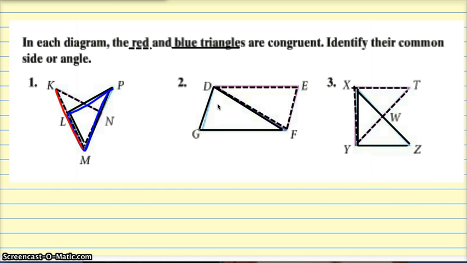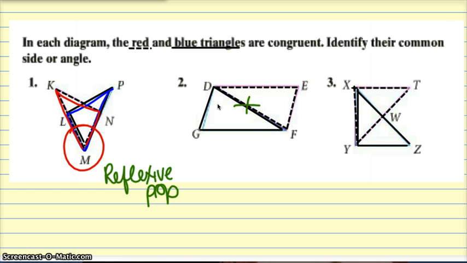What do they have in common? They actually have angle M in common. Reason behind that would be the reflexive property. Number 2 here, we should be able to see that DF they have in common because, again, of the reflexive property.